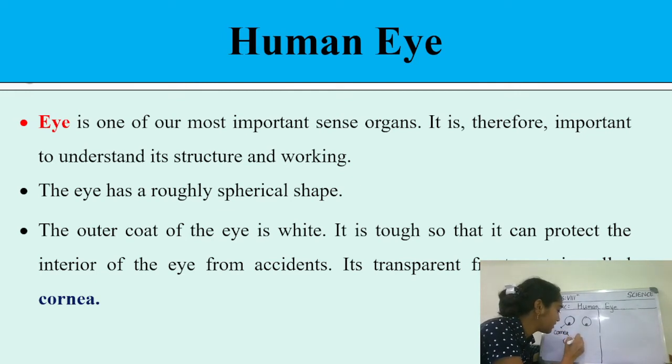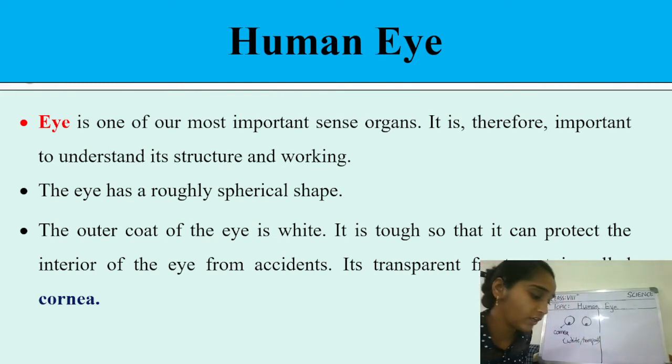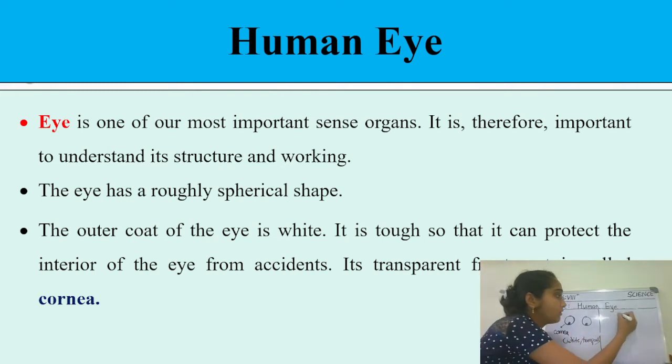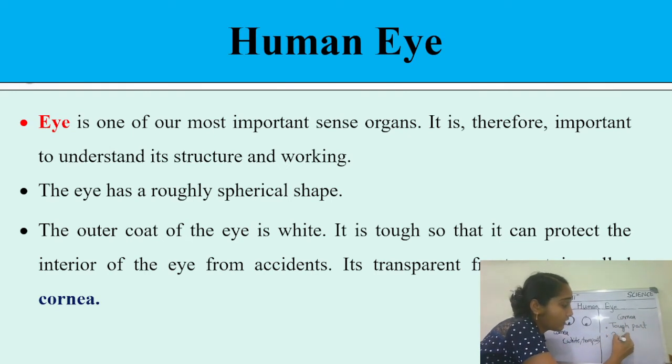What is the cornea actually doing? It is the toughest part of our eye. It protects the other parts which are inside. It protects the interior of our eyes from any kind of accidents.